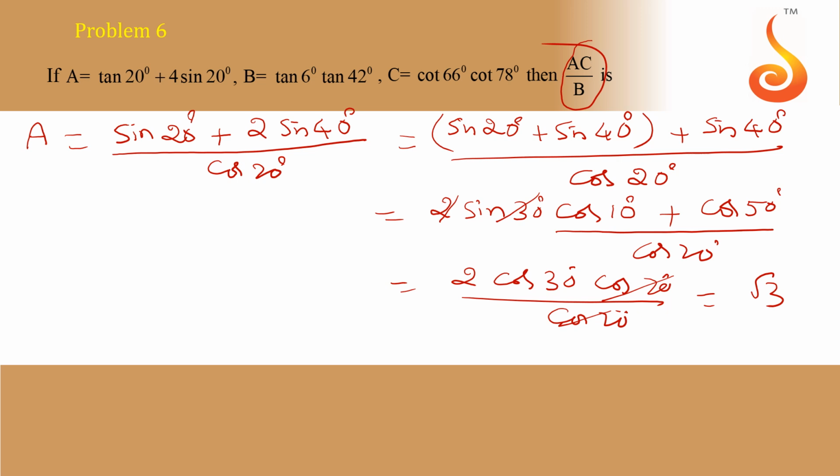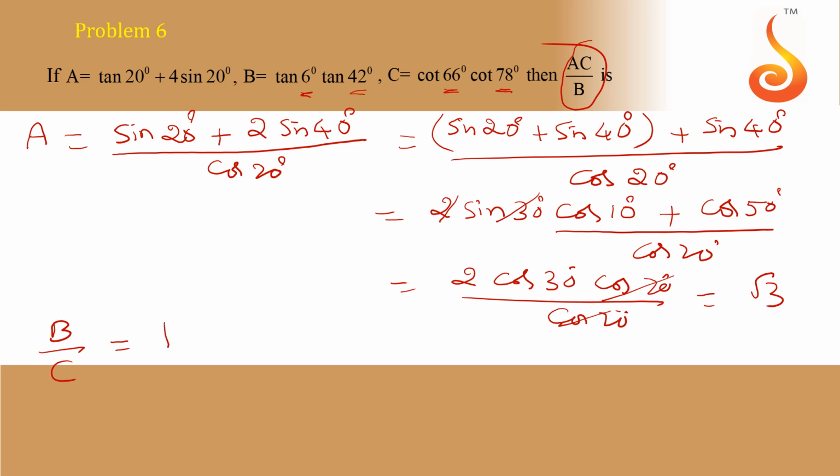And observe B and C very carefully. The angles used there are 6, 42, 66, 78. And one is tan function, one is cot function. So to convert into the same function, I will take B by C value.